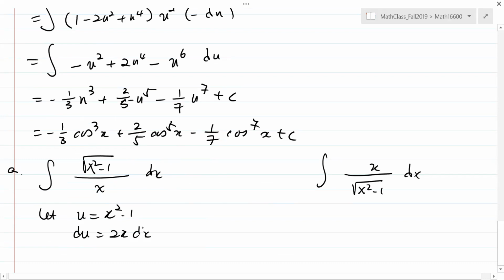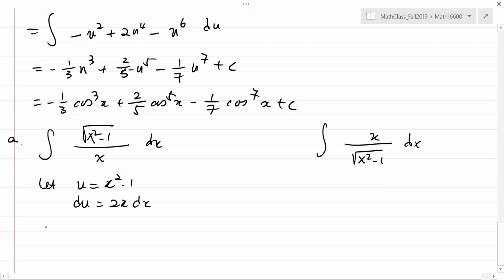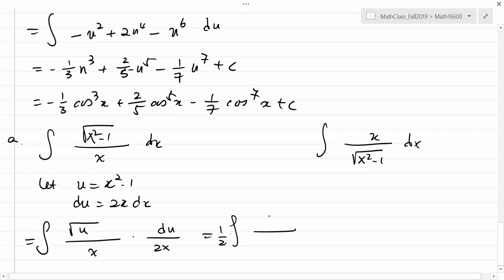But then I do have the square root of u, right? I have x here. And what is dx? dx is going to be du over 2x, right? Then you end up with what? You end up with 1/2 square root of u.